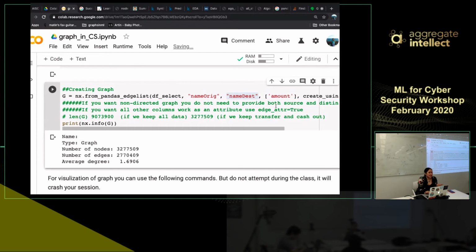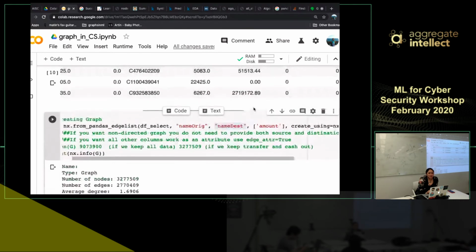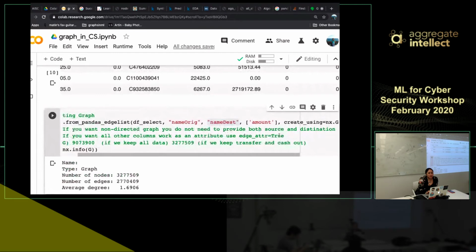I would say this is something I played with for a few days, and I come up with a month. Like I went through the whole code. I was like, okay, it's useless. This one is useless. Like the first thing I did, you can just say edge attribute is true instead of defining a list, and it takes all the other columns in your data frame as an attribute of your connection between these two, right?